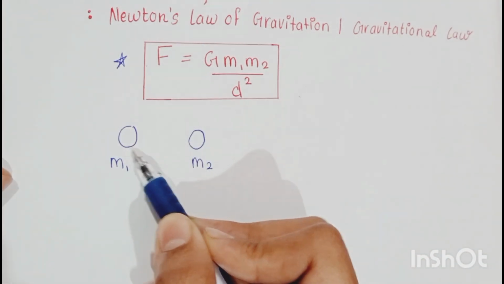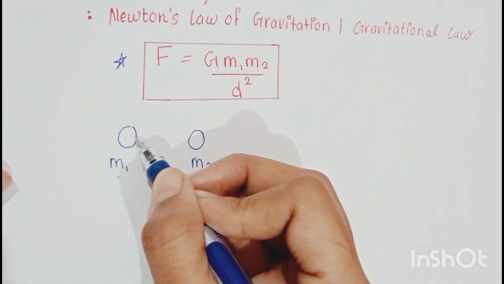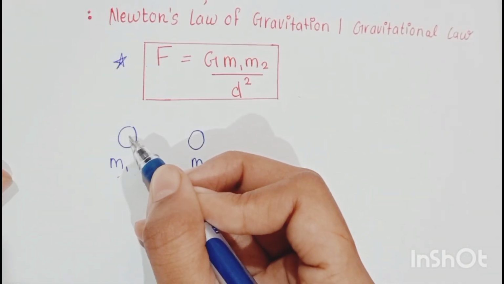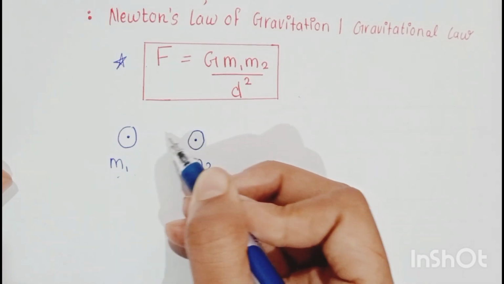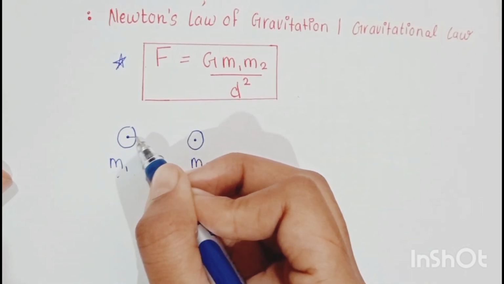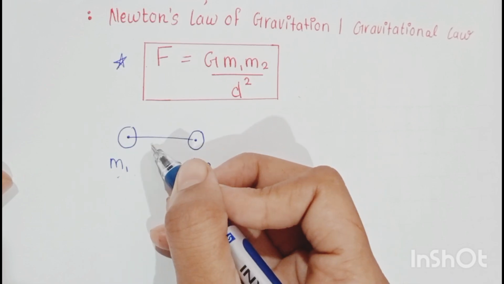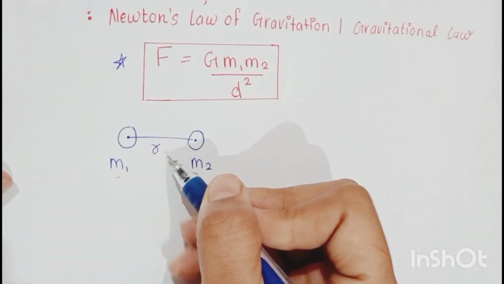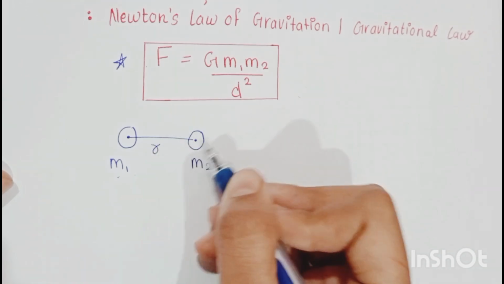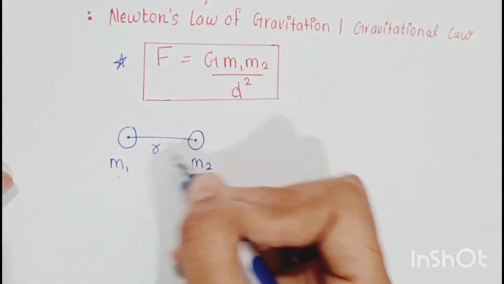There are two objects with mass m1 and mass m2, and the distance between them should be measured from the center. Let's say this is the center of these balls, and we join the centers, and the distance we get is r. We will take this distance as r square. I will let you know why r square. Alright, the distance is r.